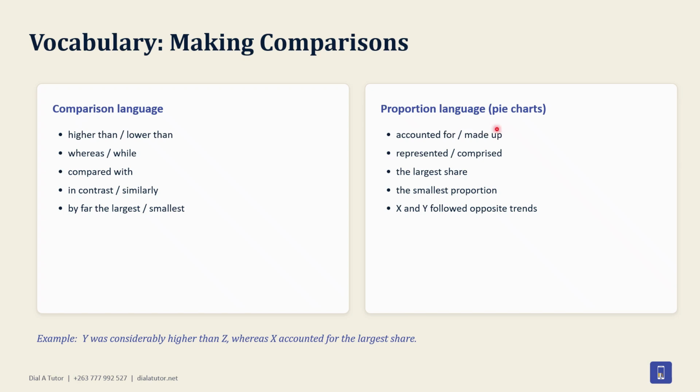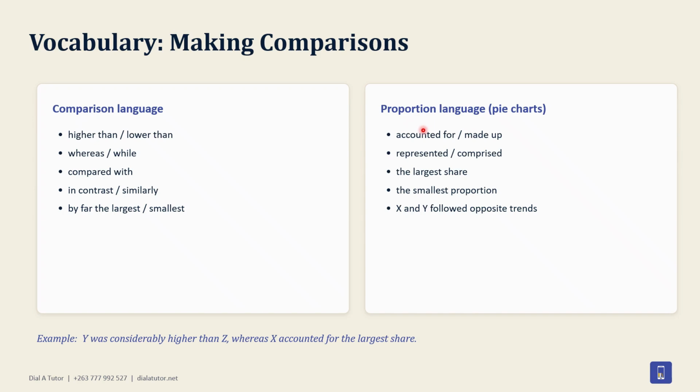Proportion language. We have accounted for, made up, represented, comprised, largest share, smallest proportion, and followed opposite trends. Okay, so you could use proportion language where you've got pie charts.